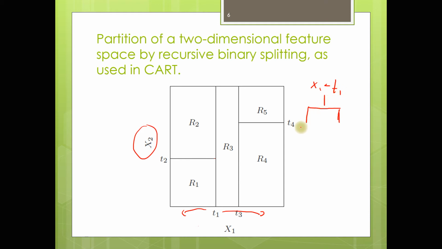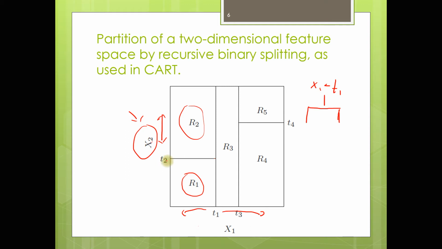Here, for values less than t1, you will see now that there are two regions. These two regions are based on the partition that you will make out of x2. You can divide x2 into two parts again, according to this example.